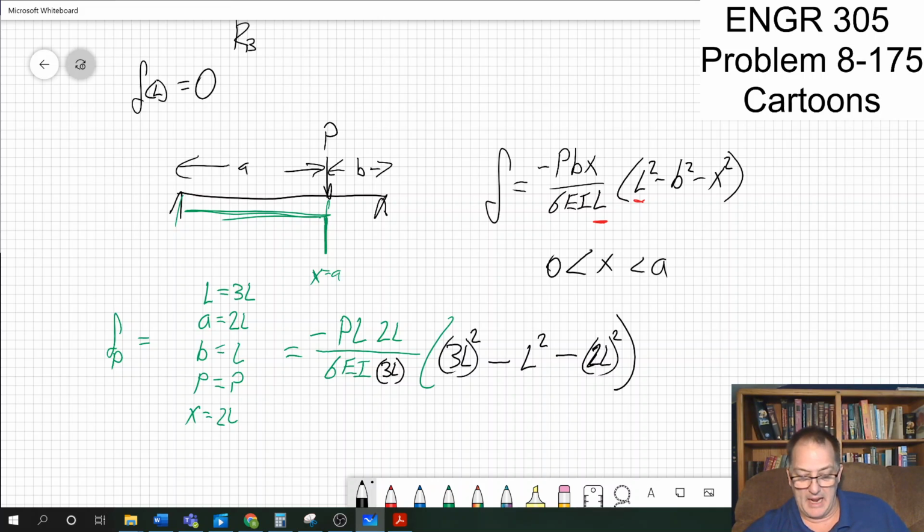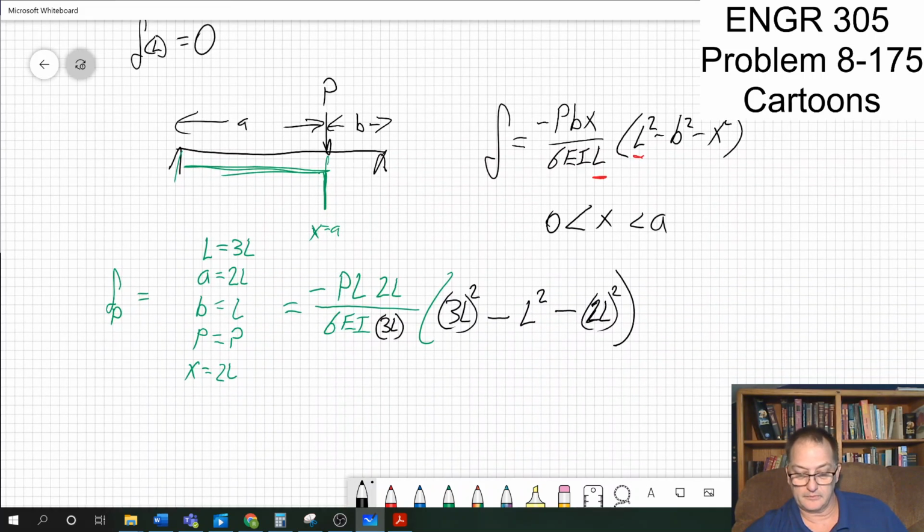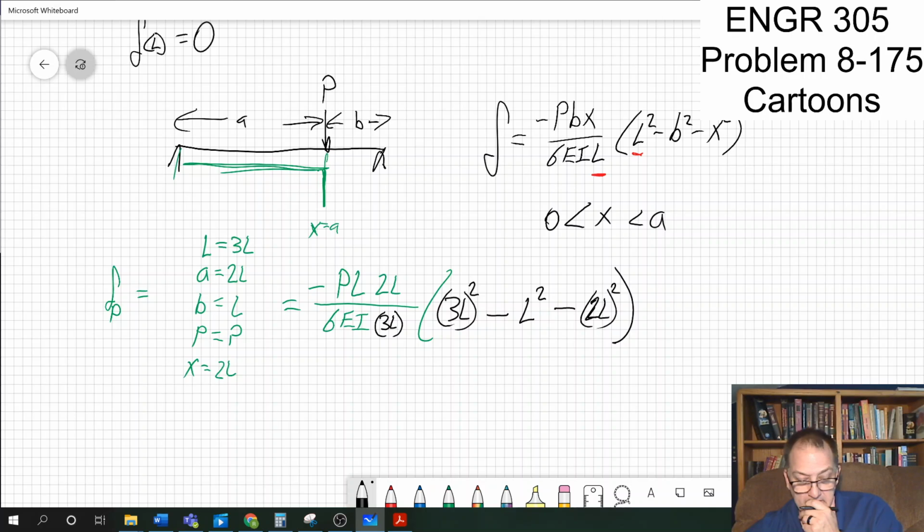That's the deflection by P. And now I just got to go through and simplify that. Let's attack it right away. That is a 9 minus 1 minus 4 times L squared times, this is a minus P, 2 over 6.